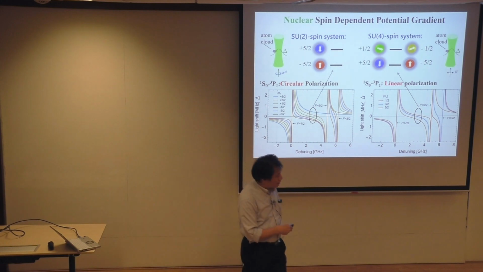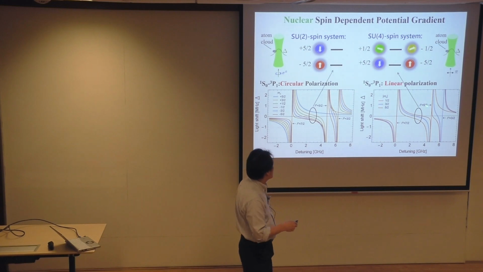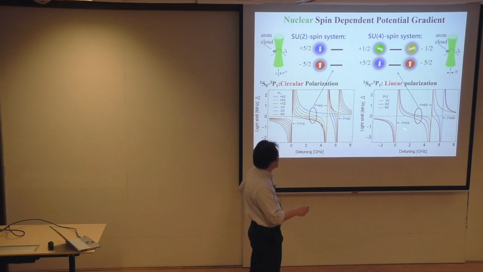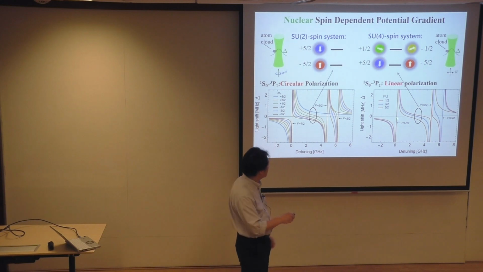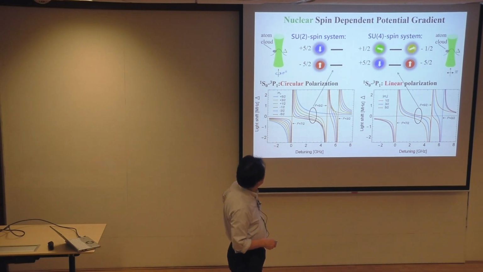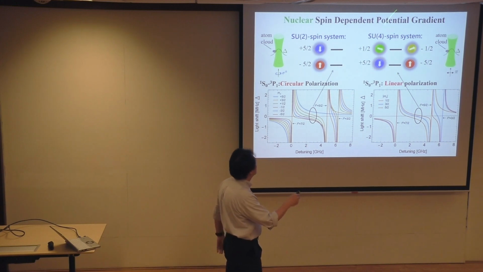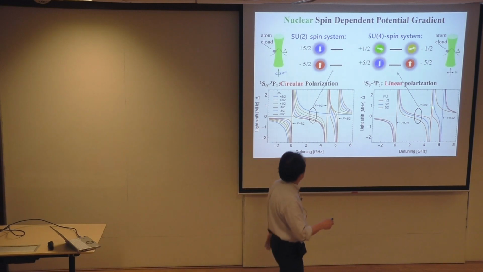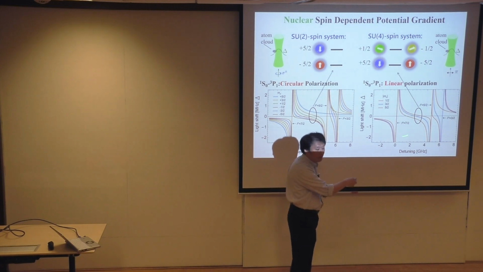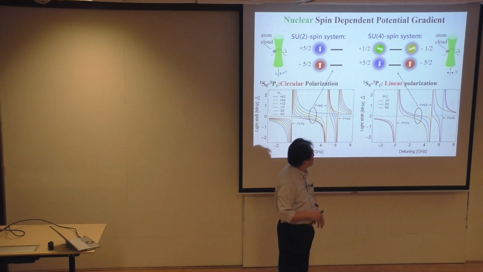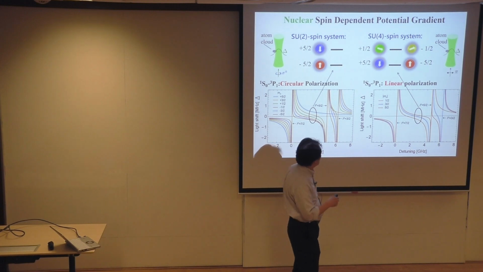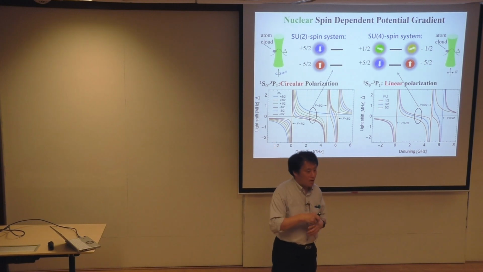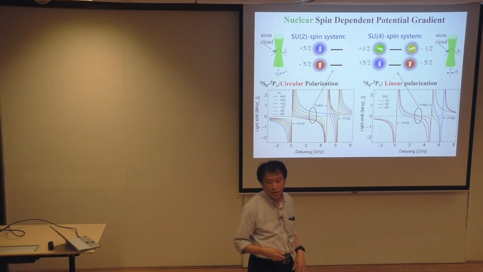In the case of SU(4), we apply linearly polarized laser light, and the AC Stark shift results in this energy diagram. We take these 4 levels as an SU(4) spin system. And in the case of SU(6), we take all of these energy levels as an SU(6) system. I will come back later to the case of SU(6).